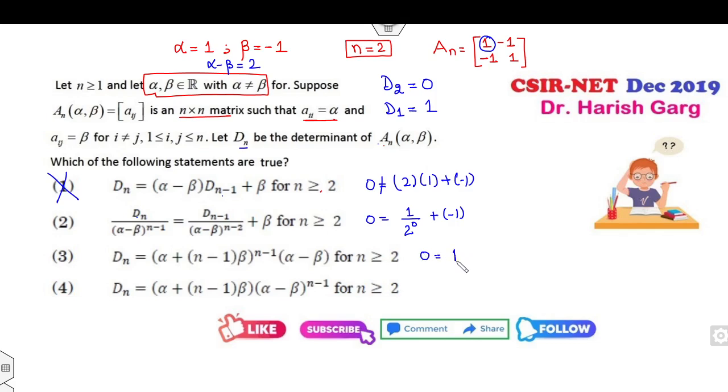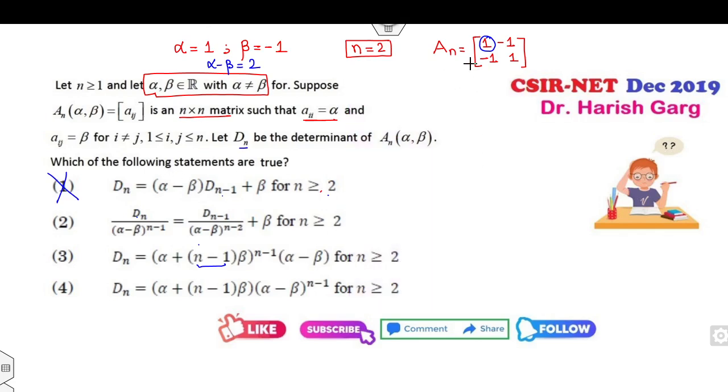Alpha is 1, n minus 1, n is 2, 2 minus 1 is 1, raised to power 1. Alpha minus beta, which is no, this is 2. Sorry, it is minus 1. Beta is minus 1, which is satisfied. Look at the last case, 0, 1 minus 1, it is satisfied. So up to n equal to 2, only one option is discarded.